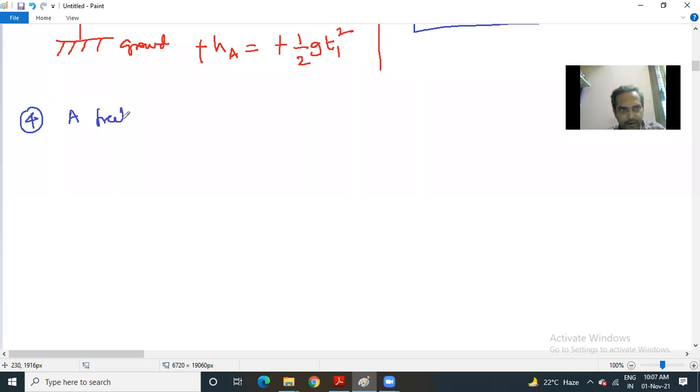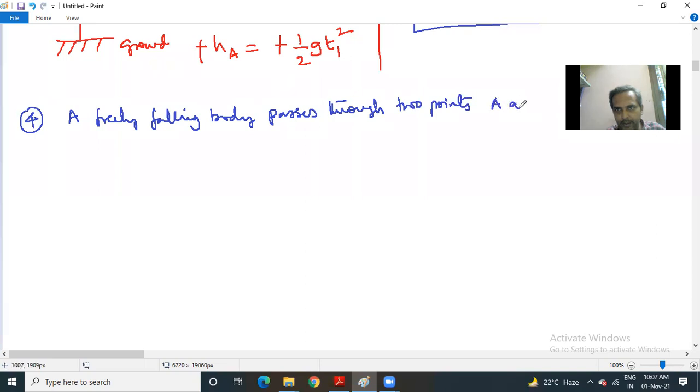A freely falling body passes through 2 points A and B, at heights H1 and H2 from the top.